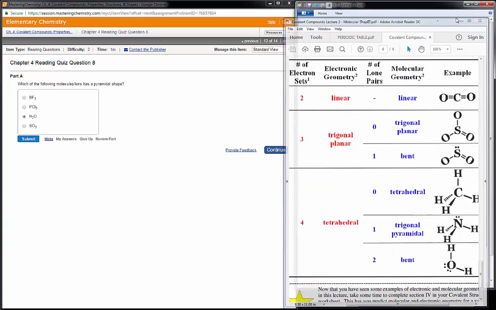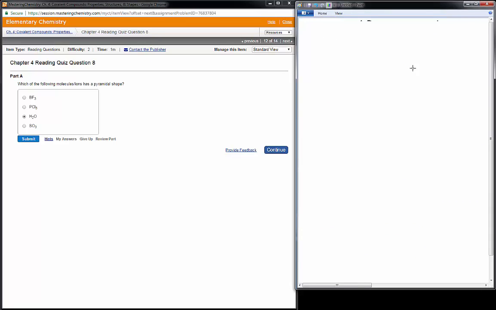So if we draw out BF3, boron is in group 3, 3 fluorines in group 7. That gives me a total of 24 electrons. Boron in the middle, 2, 4, 6 electrons, just to attach those. 8, 10, 12, 14, 16, 18, 20, 22, 24 electrons.